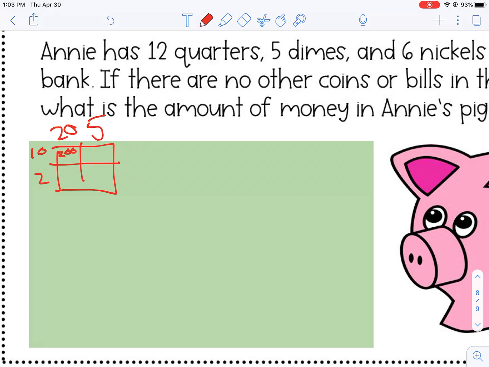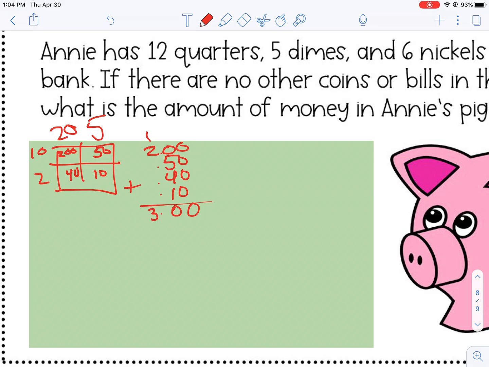And then we have 2 times 20 is 40. And then 10 is 50. And then 2 times 5 is 10. And remember, this is all change. So it's 25 quarters. So we have 2, that's $2. We have 50 cents. We have 40 cents. And we have 10 cents. And we add that up together. We've got 0, and that's 5, that's 10. And so all together, she has $3 in quarters.